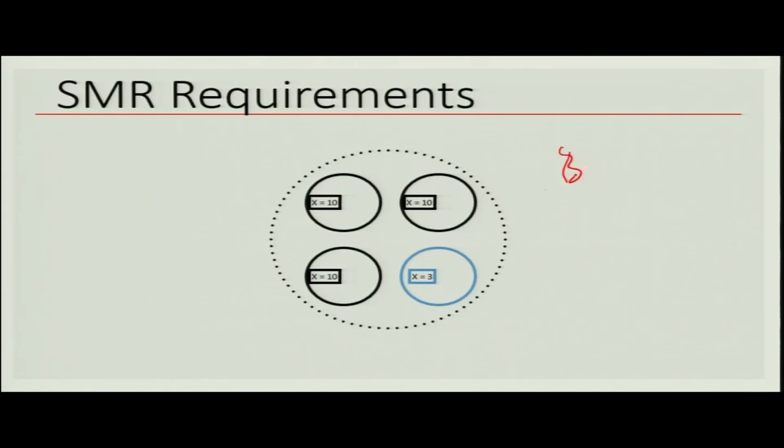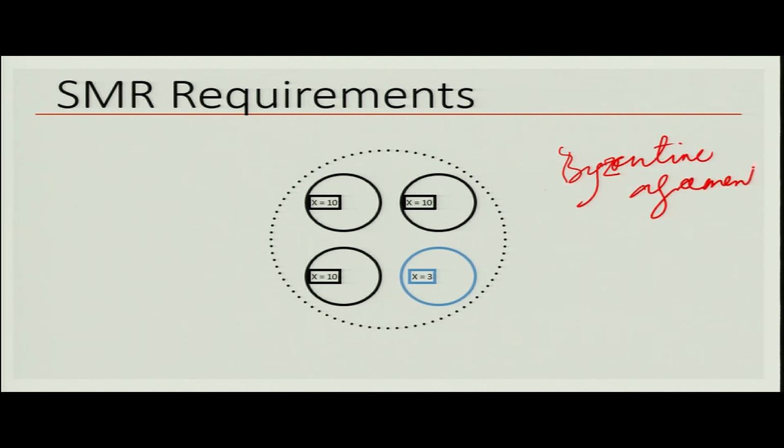So, I have to ask at most how many generals or how many replicas can go Byzantine, and I can still guarantee correct service to the customer, and that is the problem of Byzantine consensus or the Byzantine agreement problem. So, here we have a Byzantine agreement problem.